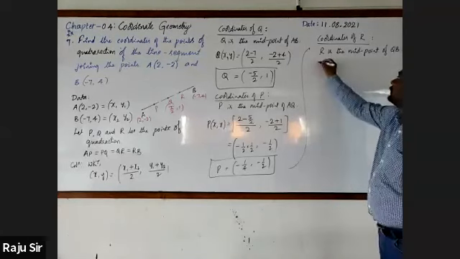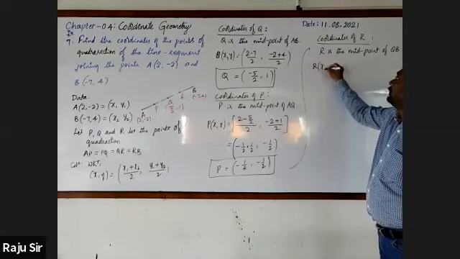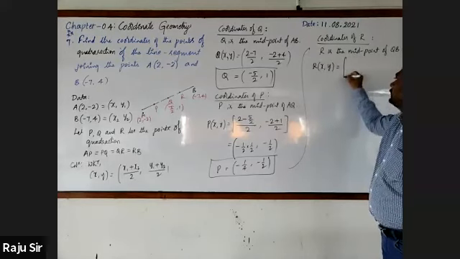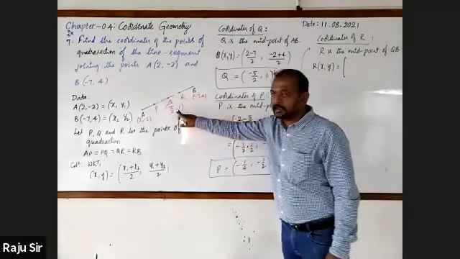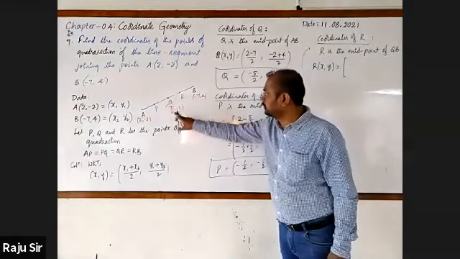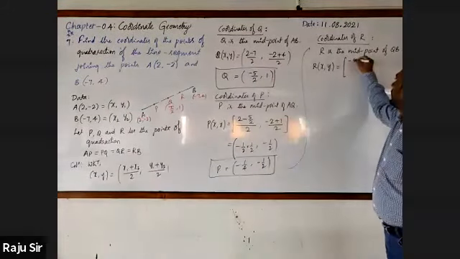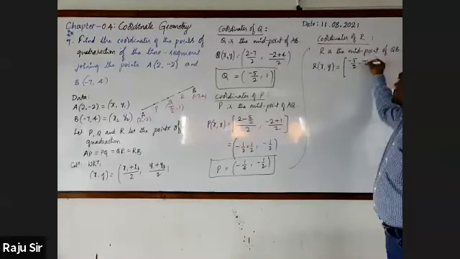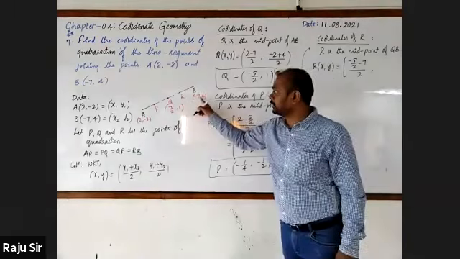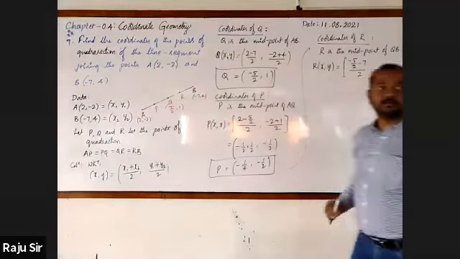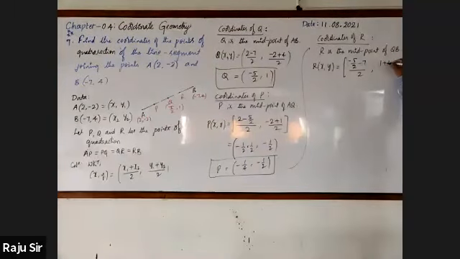It is R of (x, y). Let us write this: x1 plus x2 by 2, minus 5 by 2 minus 7, whole divided by 2. Next, y1 plus y2, 1 plus 4 by 2.